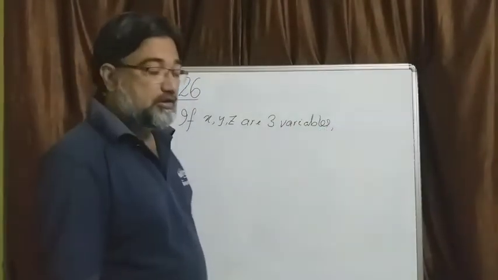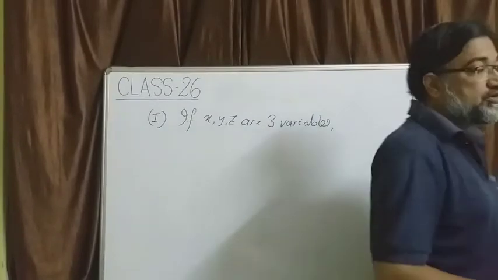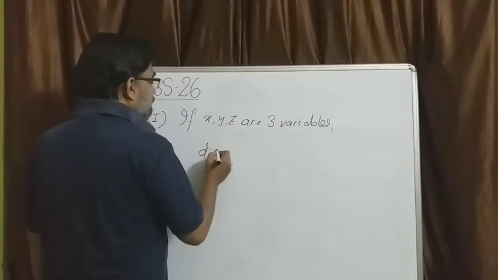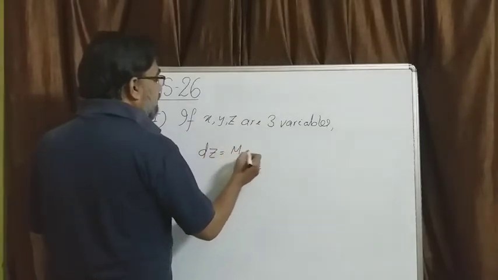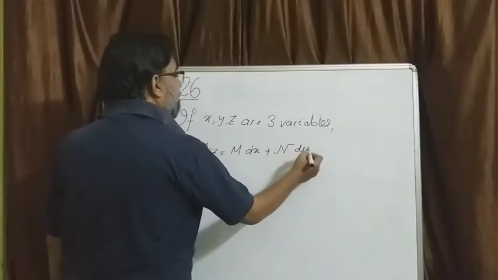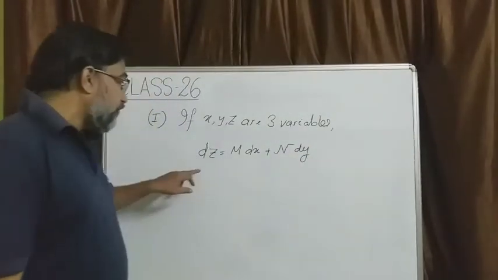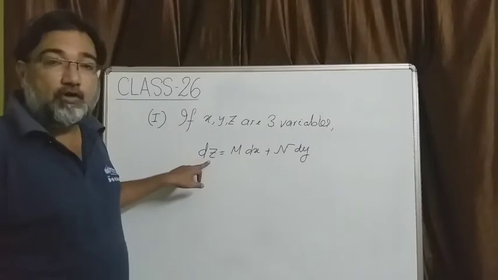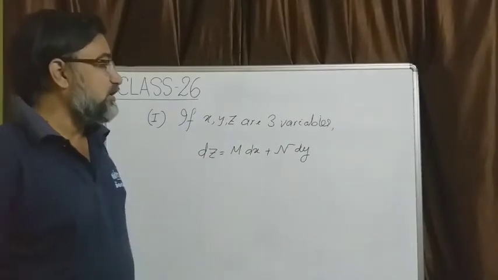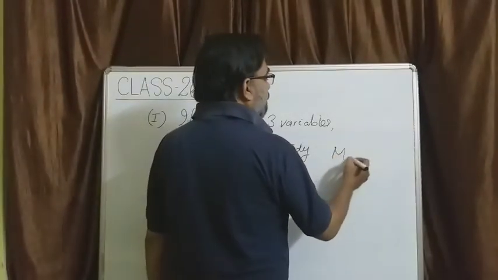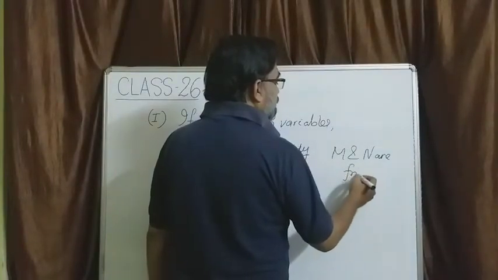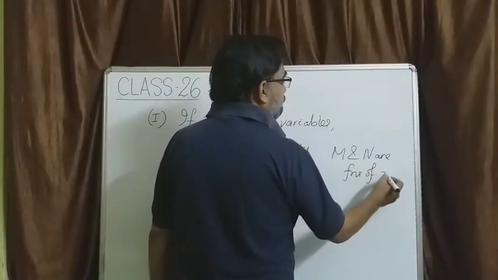If x, y, z are three variables, and if dz is equal to m dx plus n dy, that means the differential form of z can be expressed as m dx plus n dy, where m and n are functions of x and y.